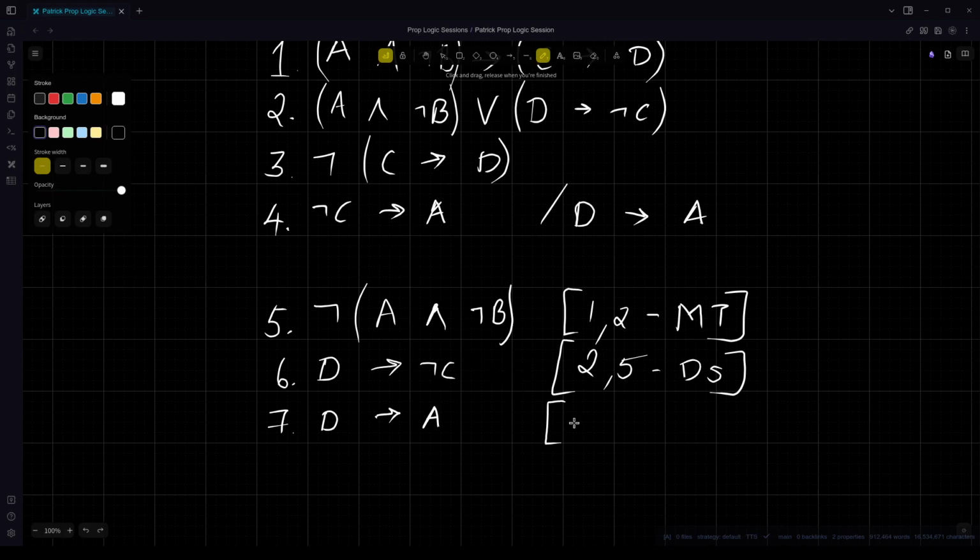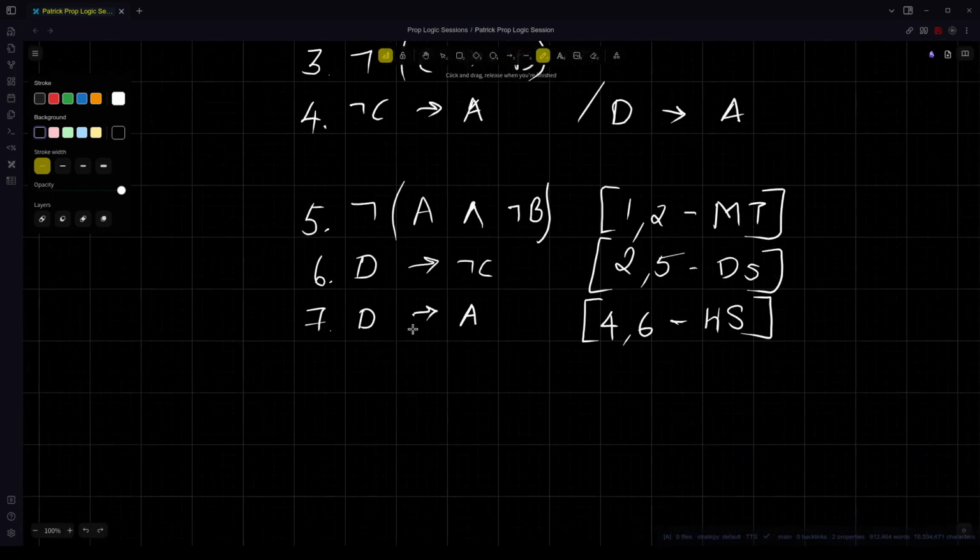Premise 4 and 6. Okay. And then that means we've got what we want. Yep. So we write QED at the end. Okay, that works.